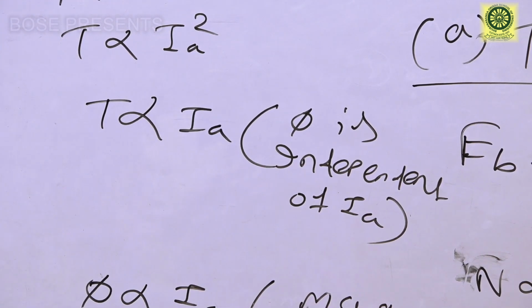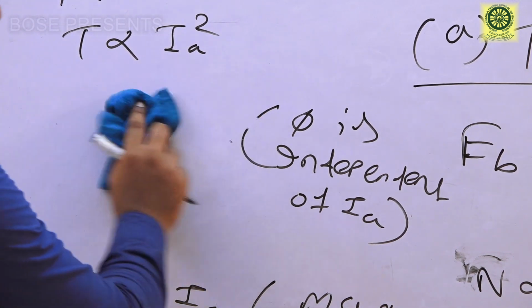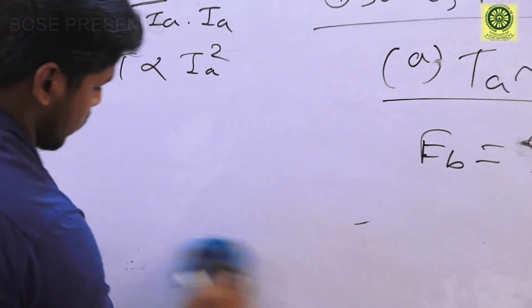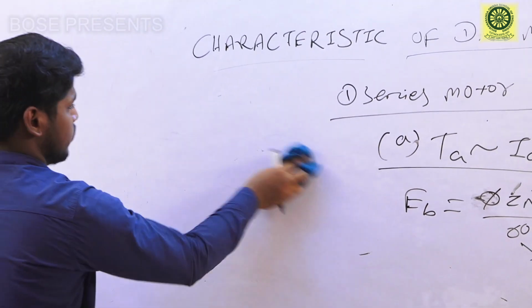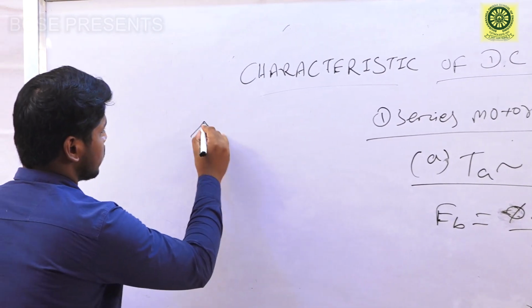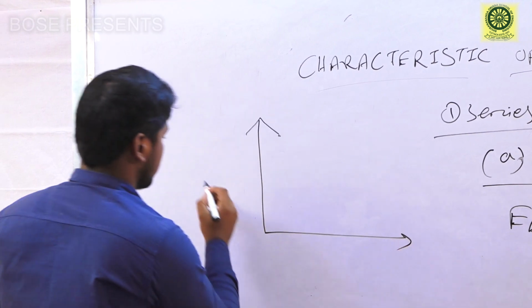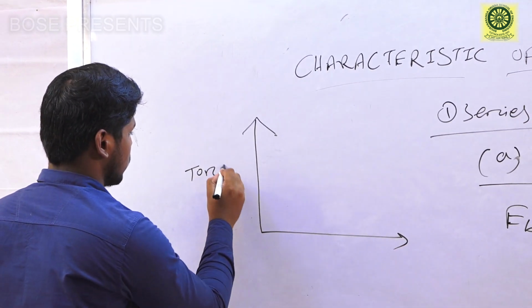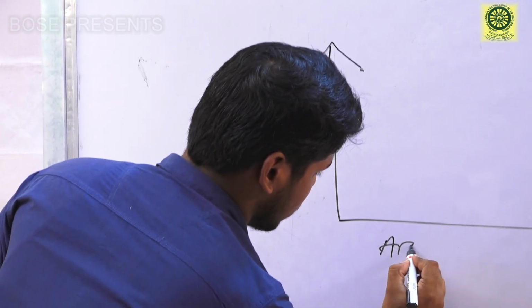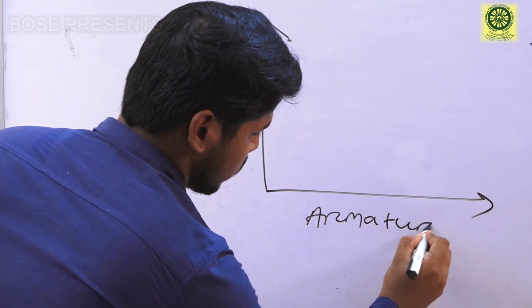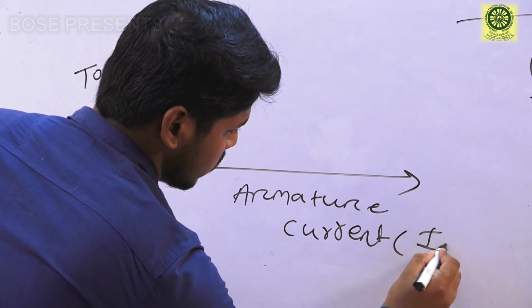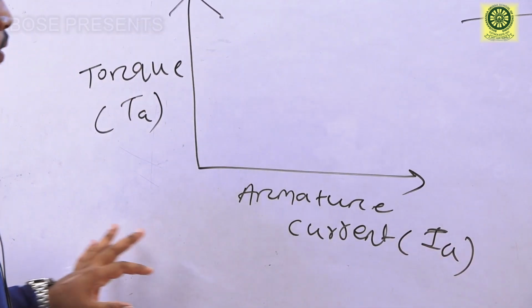Now we will draw the characteristic. The characteristic is between the armature torque Ta and the armature current Ia.